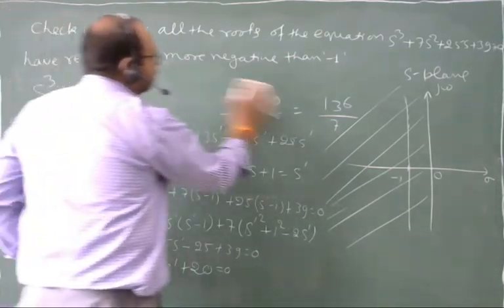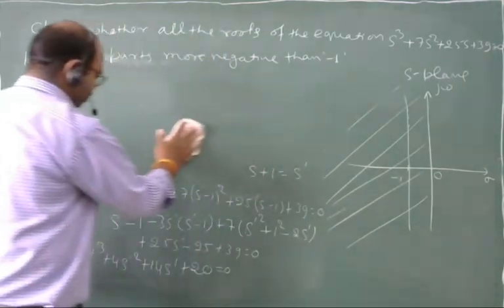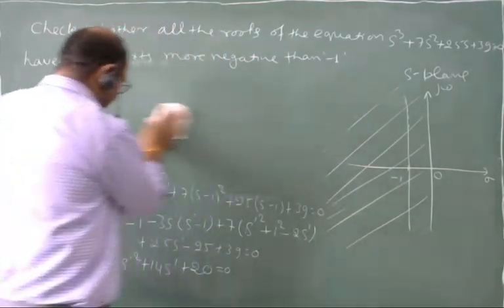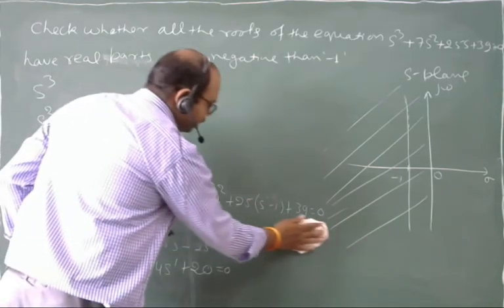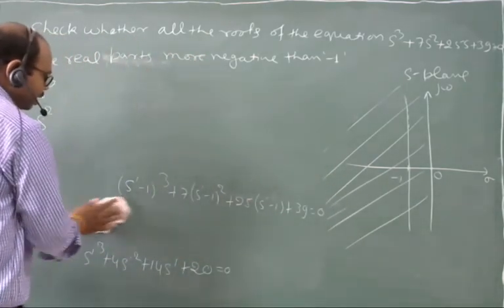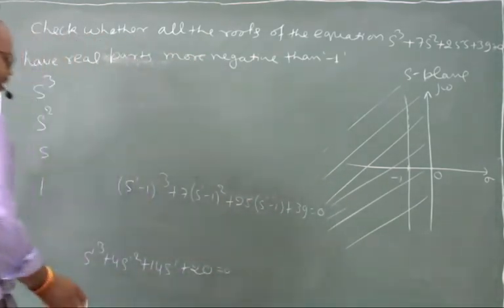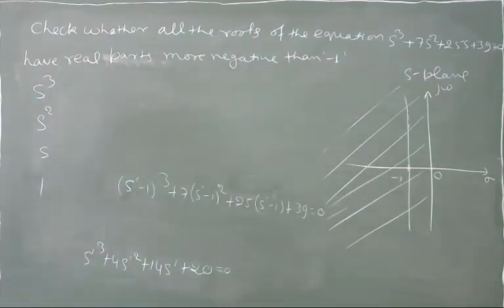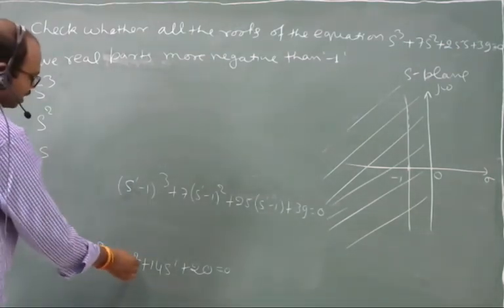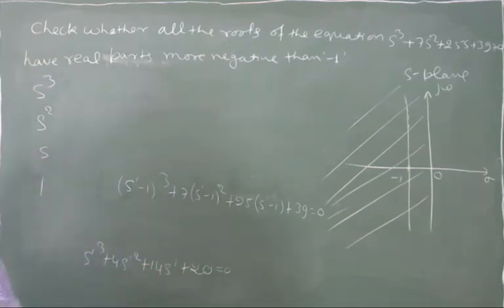So the new equation we find, after replacing S as S' minus 1, is S' cube plus 4S' square plus 14S' plus 20 is equal to 0.